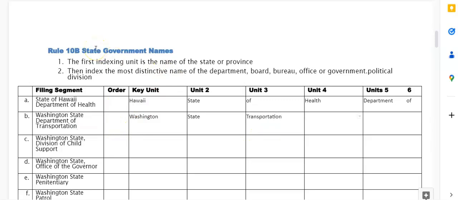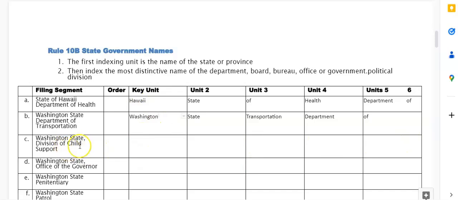So Unit 3 is transportation, Unit 4 is department, and Unit 5 is of. So Washington State Department of Transportation would be filed as Washington State Transportation Department of. And so again, you'll notice that the first units are the most important.